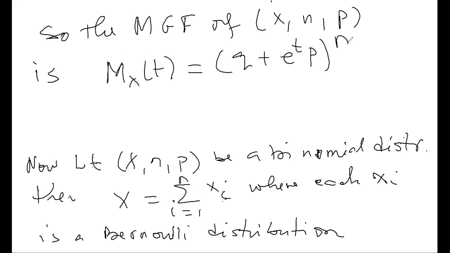Because of that proof, if you have a sum of independent identically distributed random variables with a common distribution, then the moment generating function of their sum is the product of their moment generating functions. Since they are identical, it's the same thing to the power n. So we have completed the moment generating function of the Bernoulli distribution, and we know that a binomial random variable is the sum of independent Bernoulli distributions. So this takes care of the moment generating function of the binomial distribution.